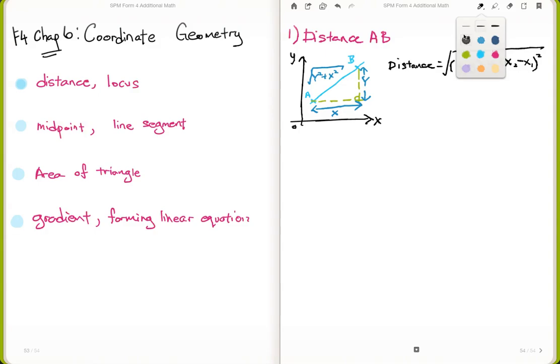Now next, you can learn locus and forming of locus equation. For forming of locus equation, you need to know some basics on the general form of an equation. This is in Chapter 2.